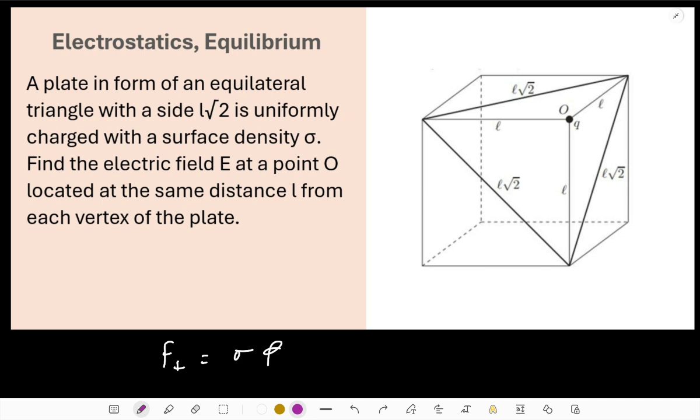And so, how did I take this equilateral plate? You can say I drew a cube here, a cube of side length L. You can see here, so that their diagonals will become of length L root 2, and I have taken three faces of the cube.